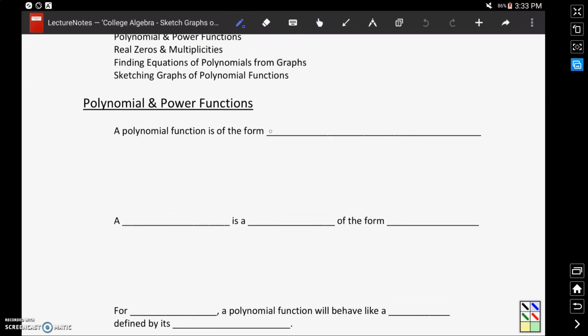So a polynomial function is a function of the form f of x equals a sub n times x to the n power plus a sub n minus 1 times x to the n minus 1 power, plus on and on for however many terms we have until we get to a sub 1 x to the first power plus a sub 0.